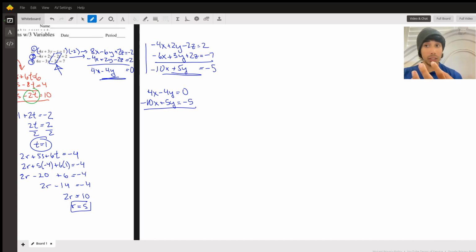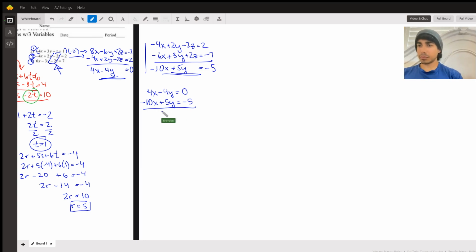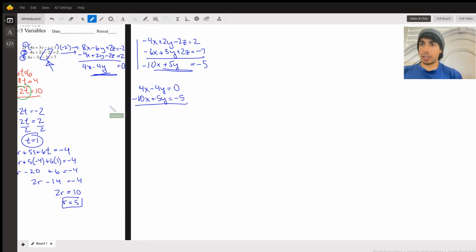Again, there's a number of ways you could do this, but what I'm going to do is eliminate the y's, so I need these to become opposite coefficients of each other. Here's a trick for doing that.